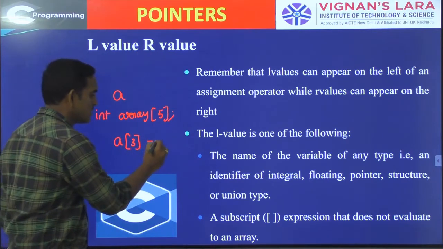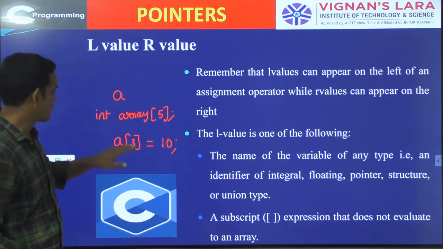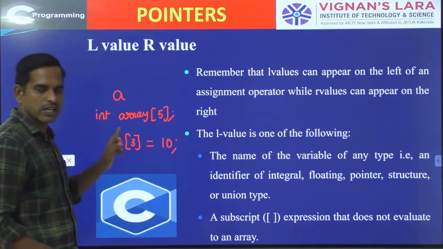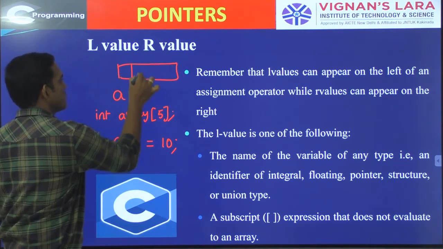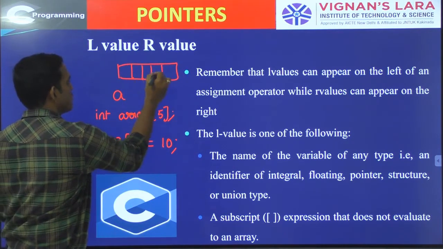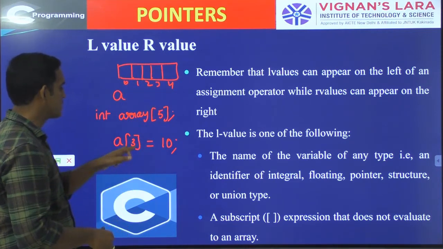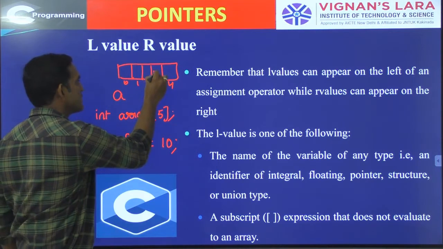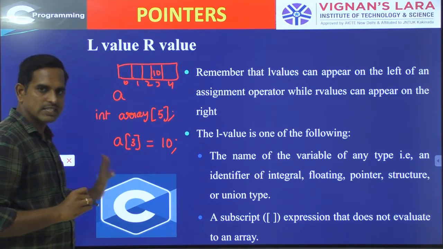Why? Because if you want to give a value to this particular location, I will use A of 3 is equal to 10. At that time, in that array, the 4th element, with indices 0, 1, 2, 3, 4, the 3rd position will get the value 10. So this is the left hand side expression.